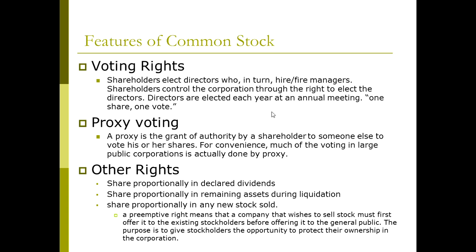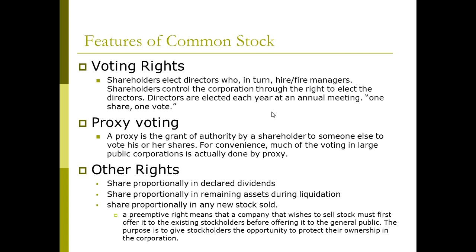Other rights of the common stocks. Well, of course, you can share proportionally in the dividends, right? Each quarter you can receive dividends according to how many shares you have. In terms of bankruptcy and liquidation, whatever is left in the company, you can proportionally claim your share of the assets after the liquidation.